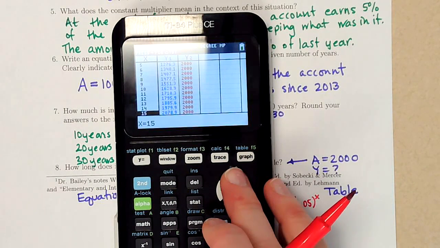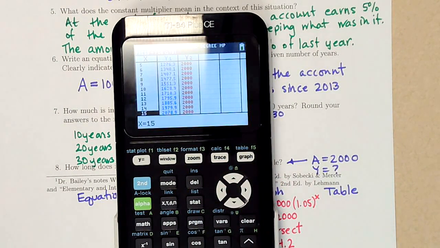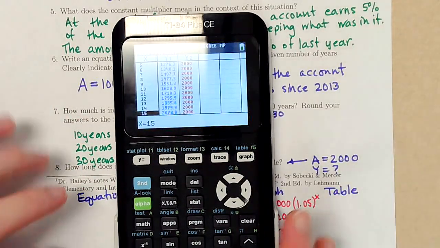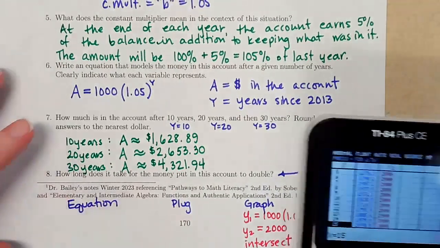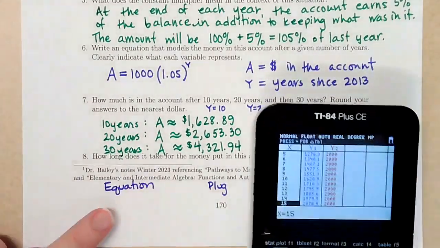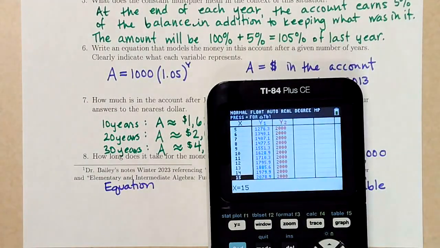Yeah, somewhere between 14 and 15, it's going to equal 2000. So you would have to plug. Plug would be some serious guess and check stuff. I'm not going to do that. I'm going to do the graph, and I'm going to do the equation really quick.